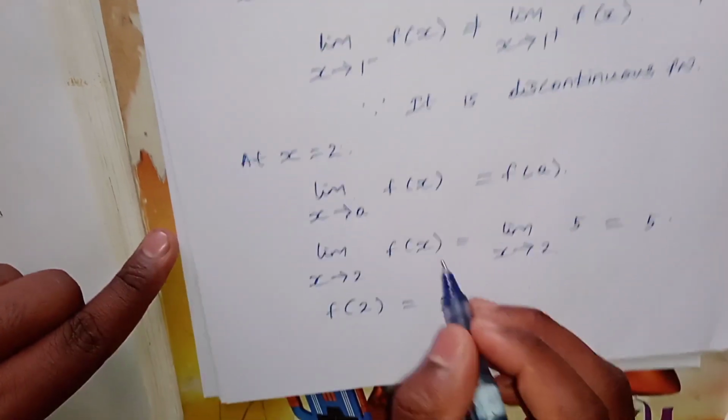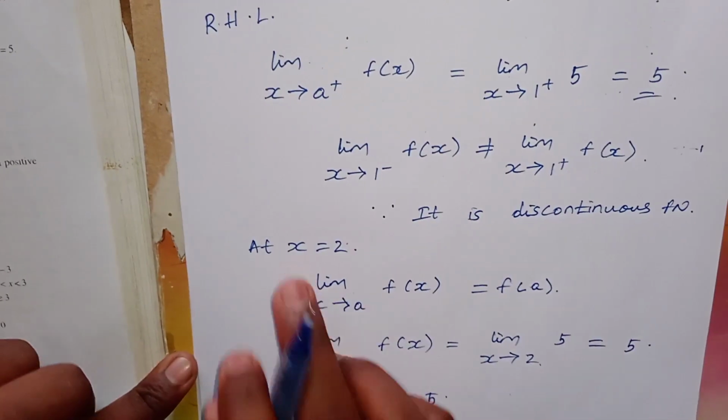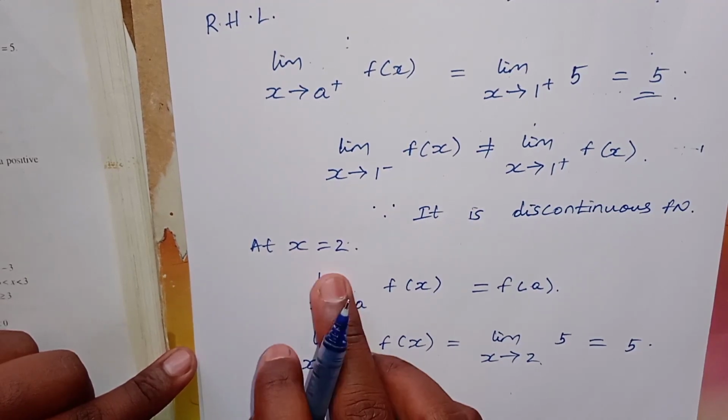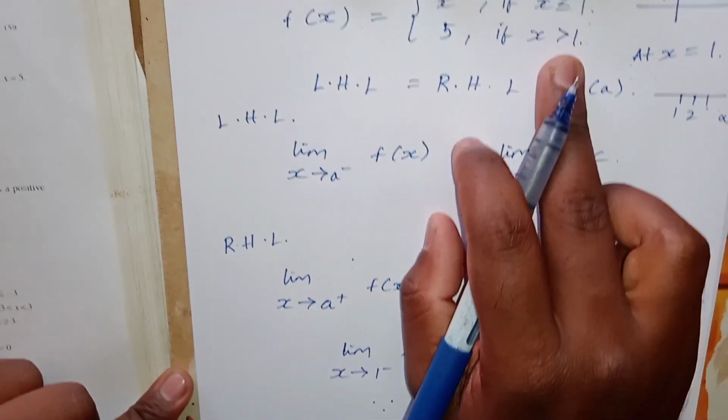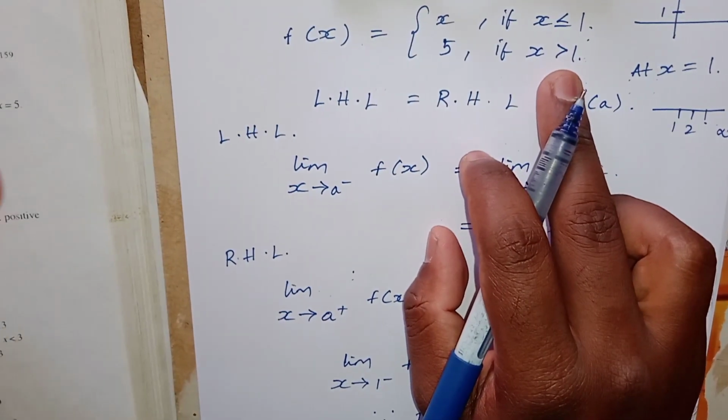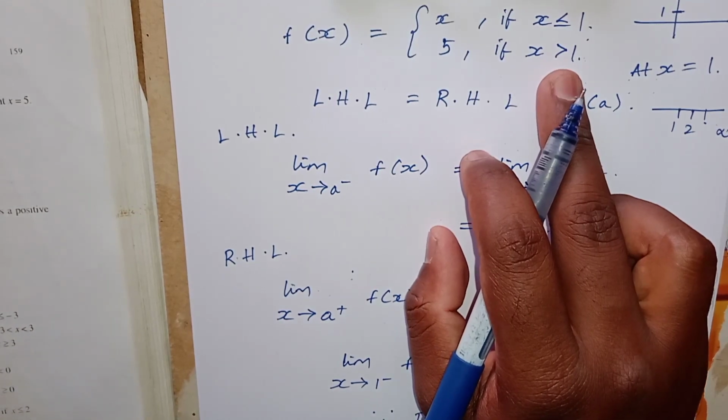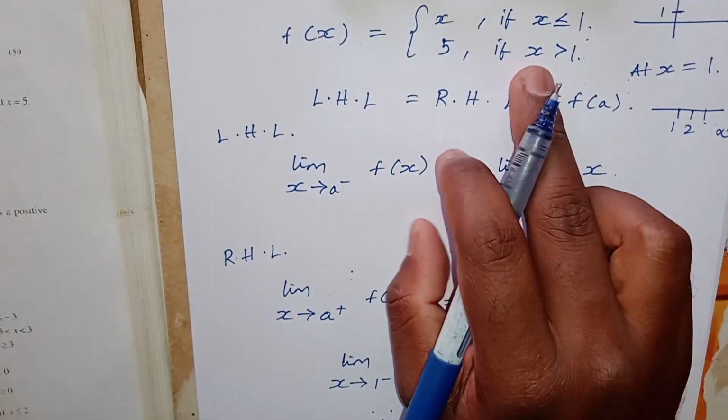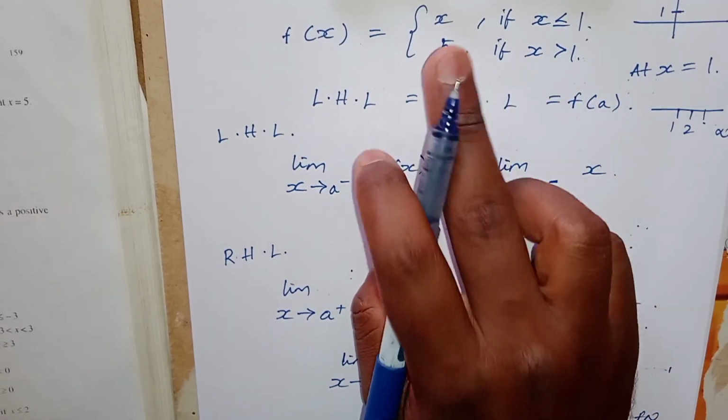Okay, here also you can take the left hand limit and the right hand limit. Taking the left hand limit, 1.9 is also greater than 1, therefore you will get 5.